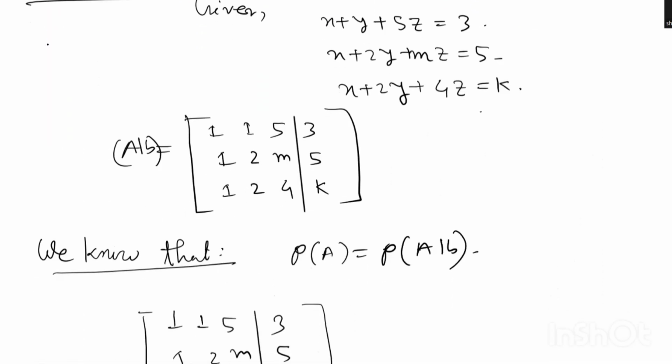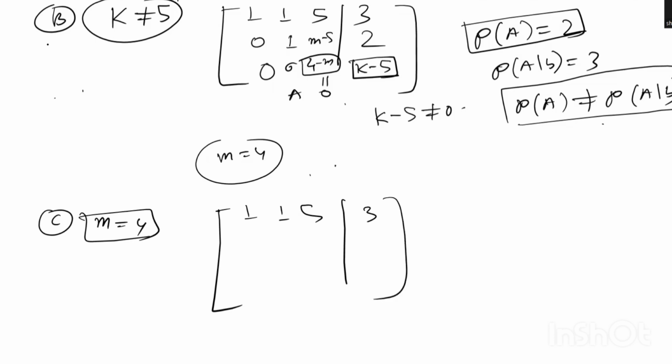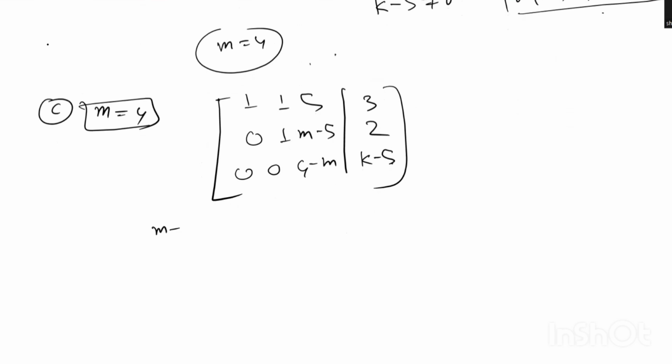Now option C: when m equals 4. The given matrix is [1 1 5 | 3; 0 1 m-5 | 2; 0 0 4-m | k-5]. If m equals 4, then 4 minus m equals 0, and we choose k not equal to 5, so k minus 5 is not equal to 0.